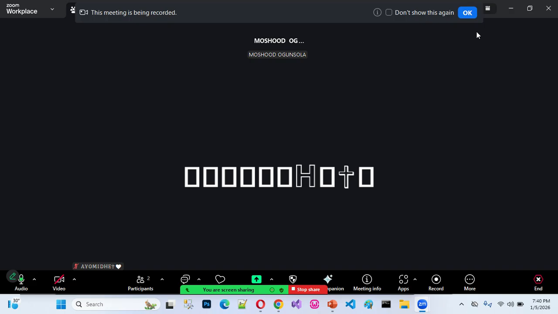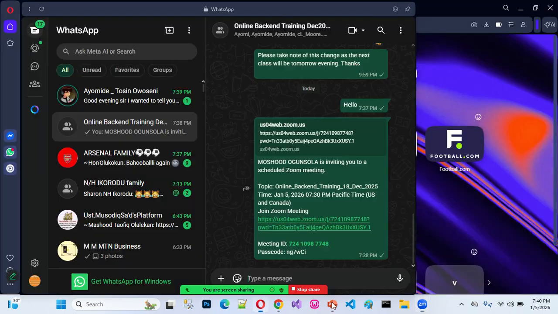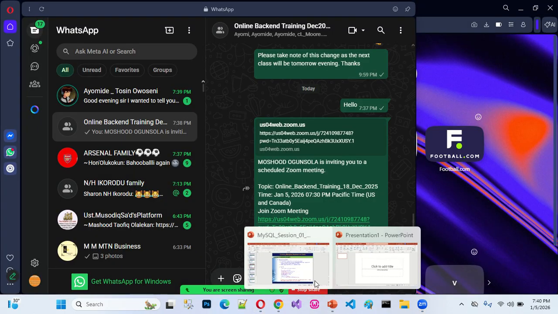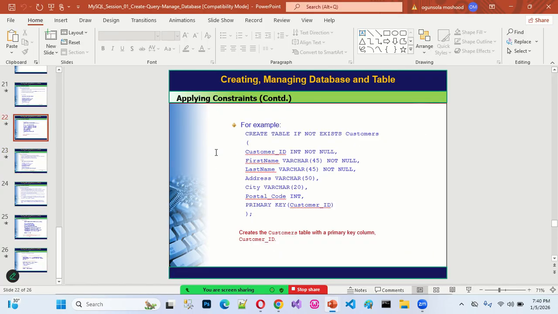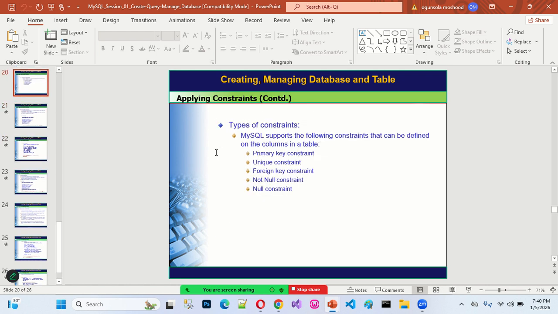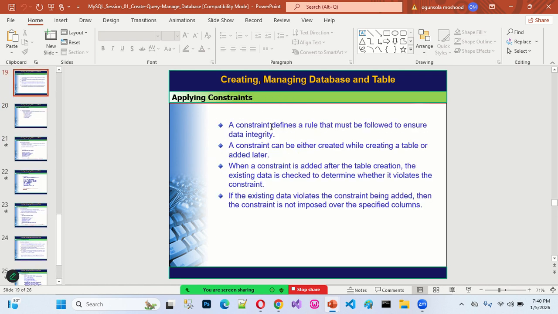We said the importance of this particular constraint is to make sure that the data in the table maintains its integrity. And we said the integrity of the table is about making sure that every piece of data we store inside our table is accurate and correct at all times.